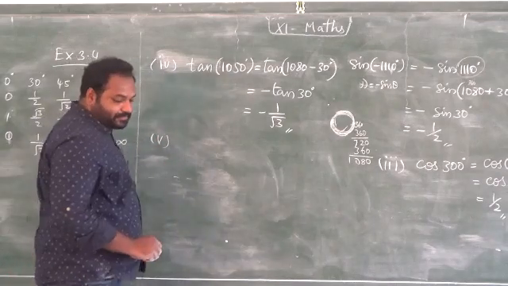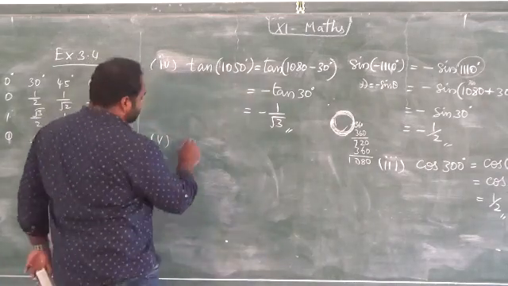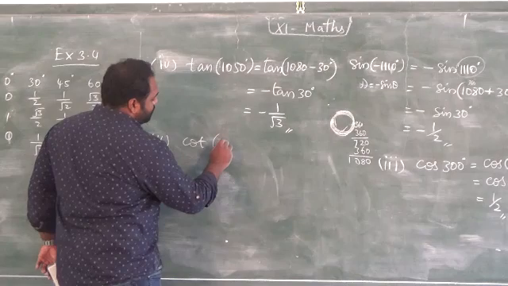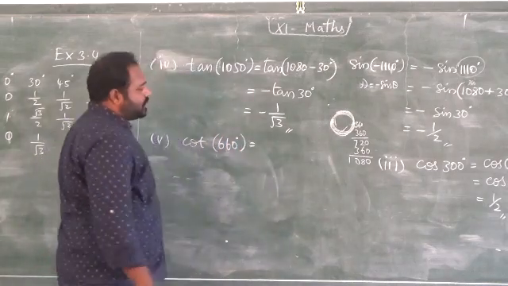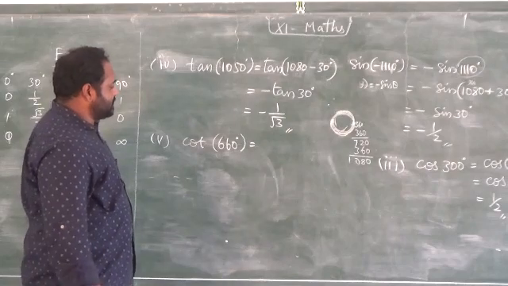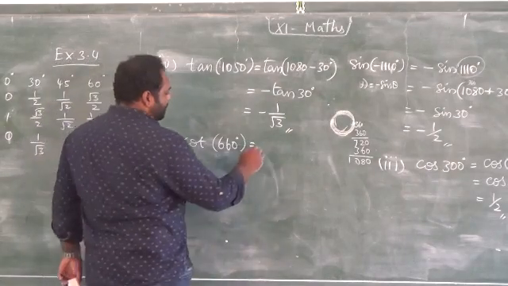Fifth one, cot 660 degree. How can this be written?